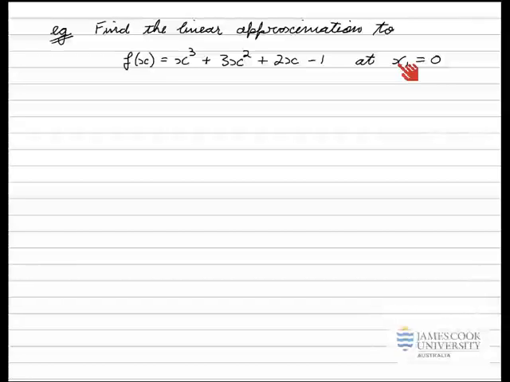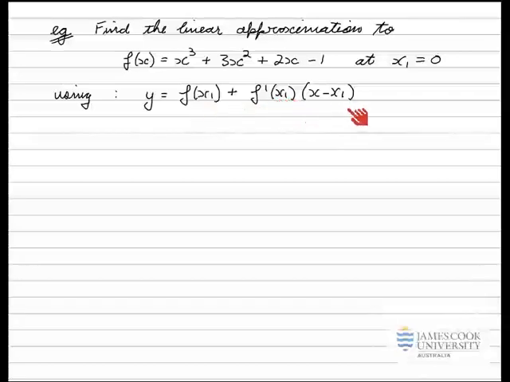You might be able to remember the formula for the linear approximation, which is this: y is equal to the function evaluated at x1 plus the derivative f dash evaluated at x1 multiplied by x minus x1. So all you need to do is substitute x1 into the function and substitute x1 into the derivative of the function, and that's the equation for the straight line.